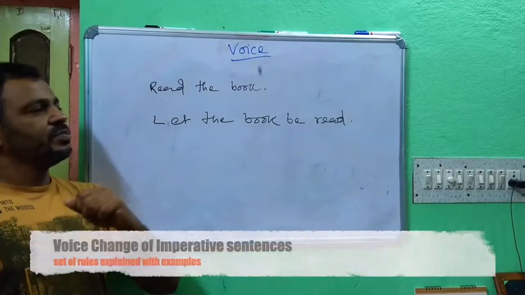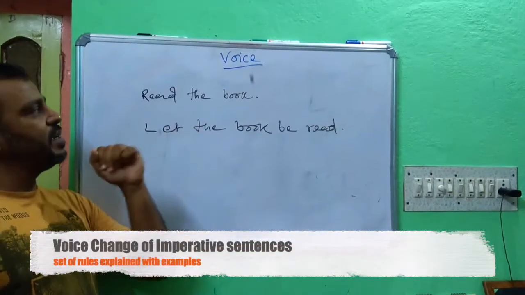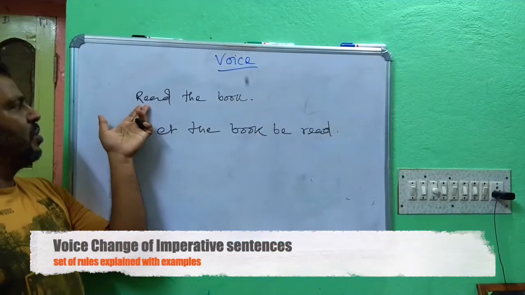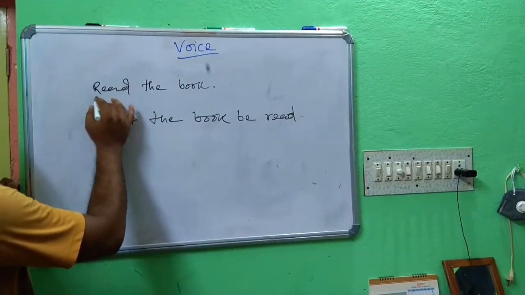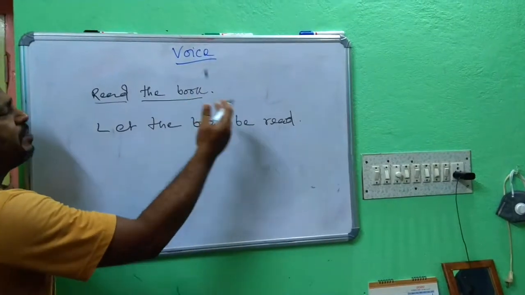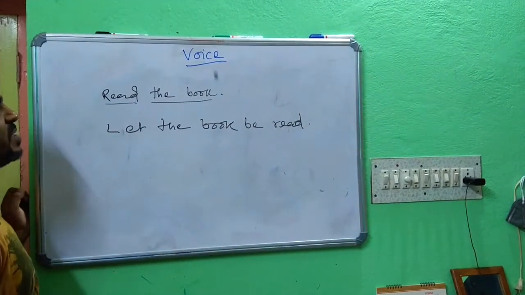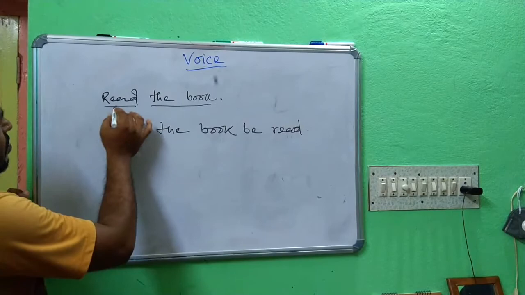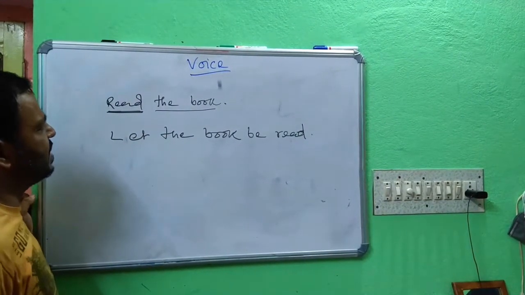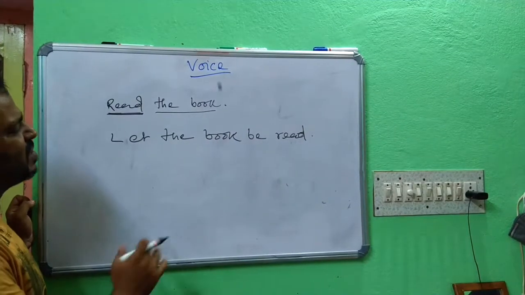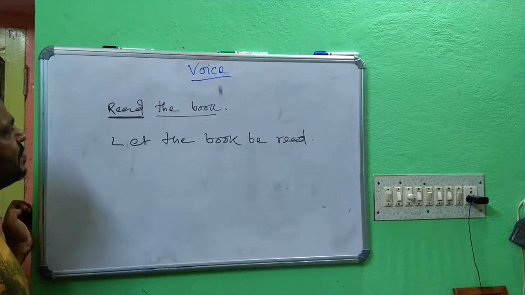Read the book. How will you identify an imperative sentence? There is no subject in the sentence, only the verb and object, and it may have other items of the sentence. But the verb is the main thing that begins the sentence, or after a few words it can begin.